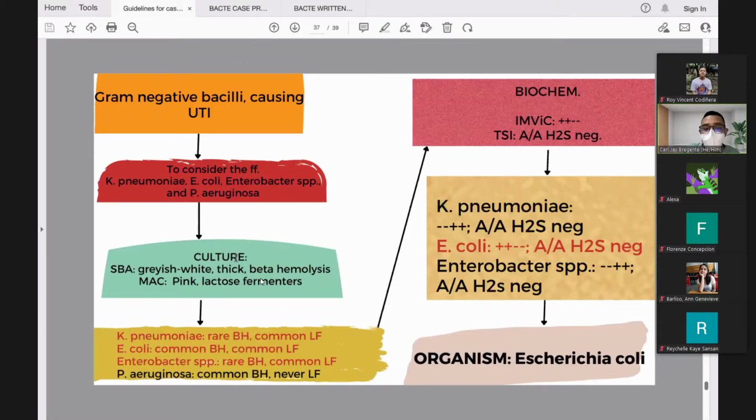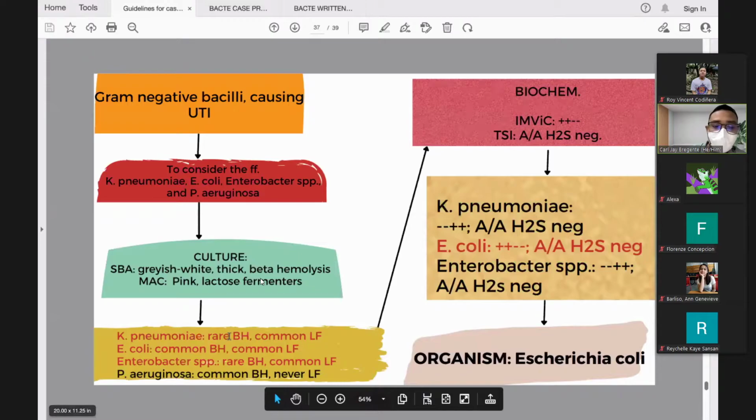In the case, you are also given culture results in the culture media. On sheep's blood agar, it's grayish white, thick, with beta hemolysis, and on MacConkey, it's pink and a lactose fermenter. Since you already have the bacteria that you consider, you try to rule out. Klebsiella pneumoniae is usually rarely beta hemolytic and a common lactose fermenter.